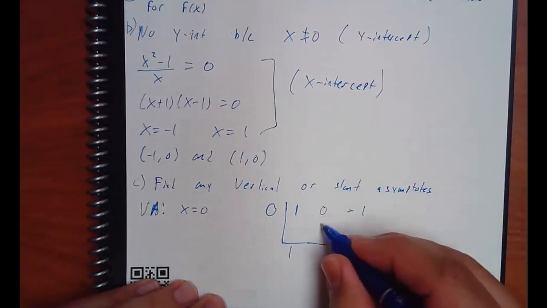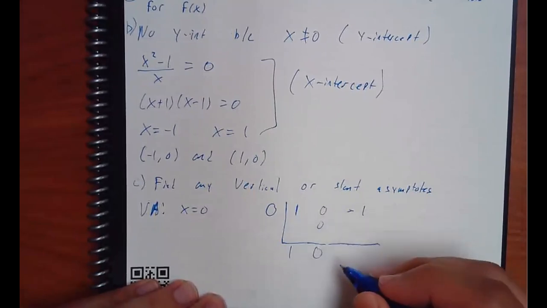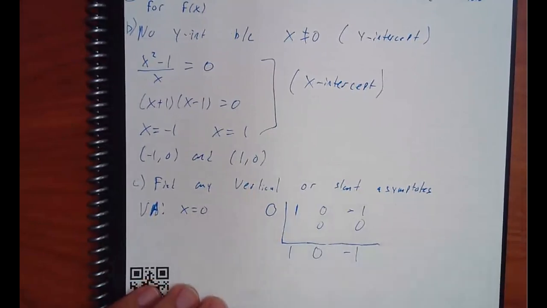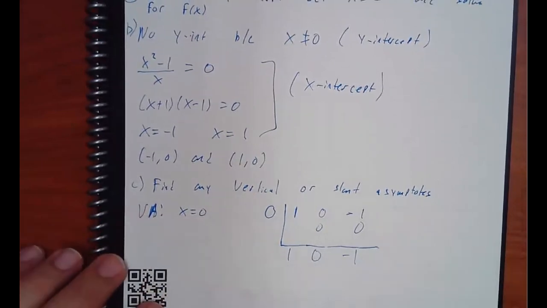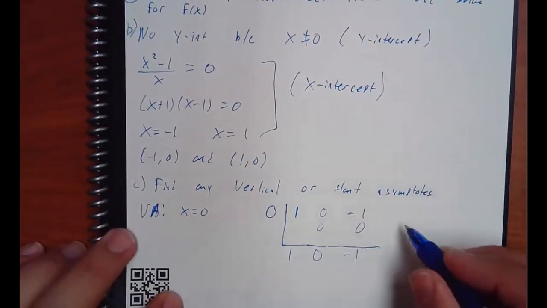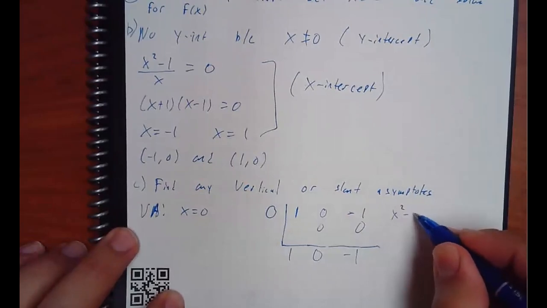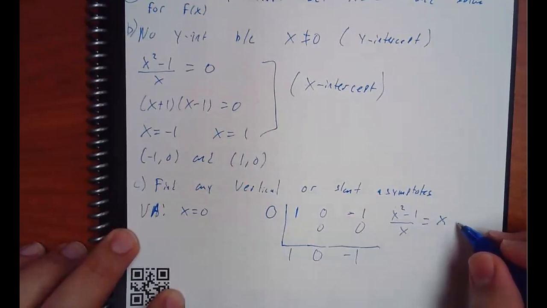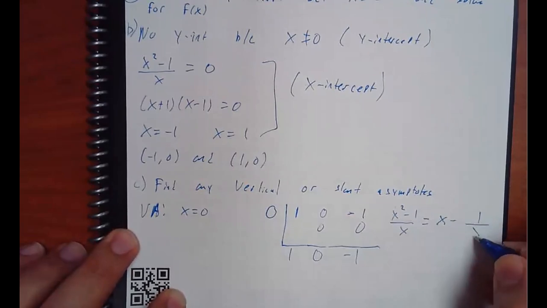See if this is legit. So when I divide it, I'm going to get, so I can note here, x squared minus 1 over x is equal to x minus 1 over x.